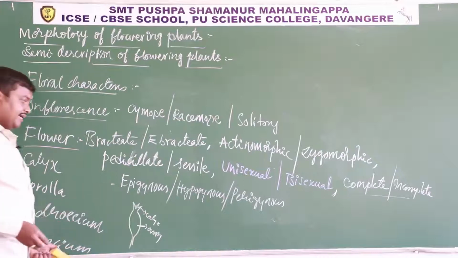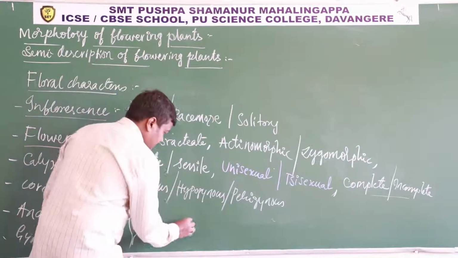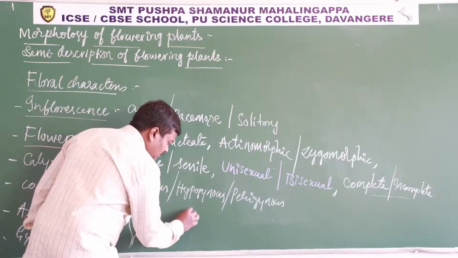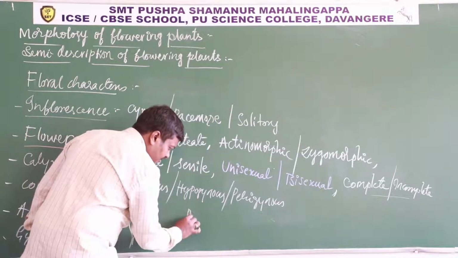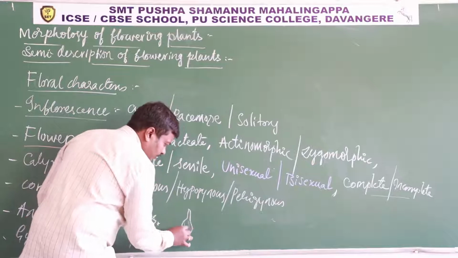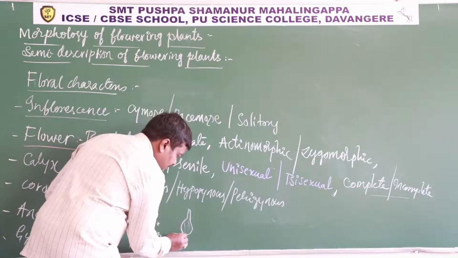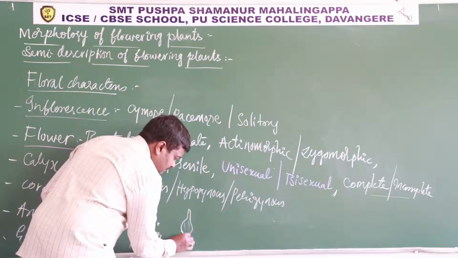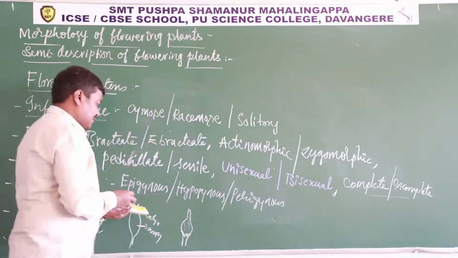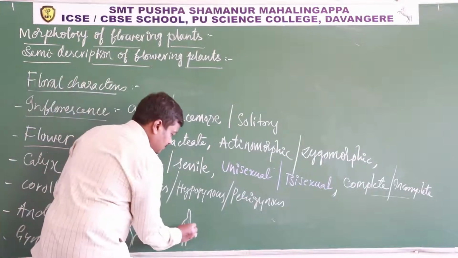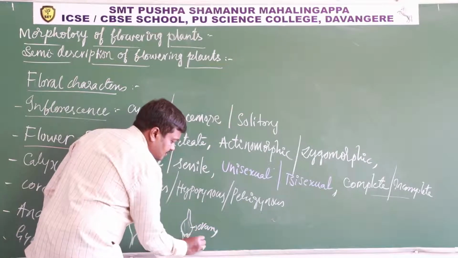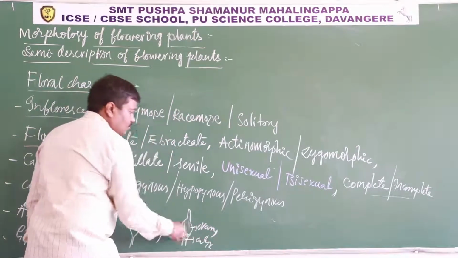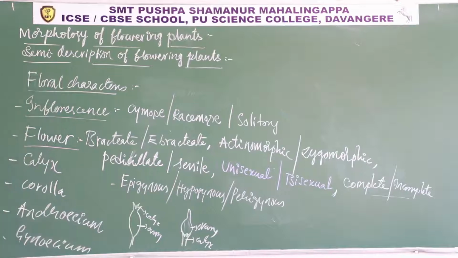It is called epigynous. So hypogynous means the ovary, all the floral appendages are present below the ovary. So this is the calyx, this is the ovary. If it is like this, it is called hypogynous.